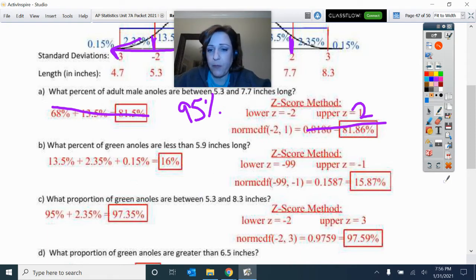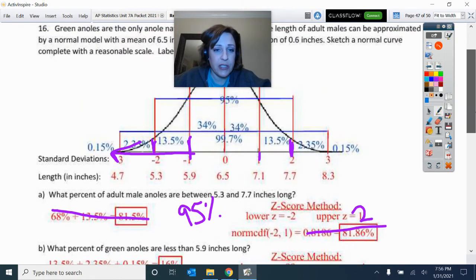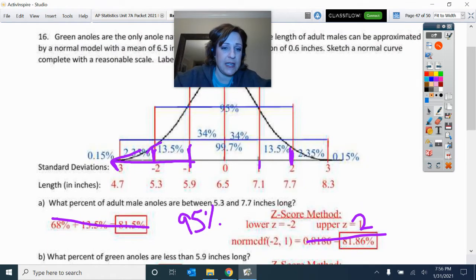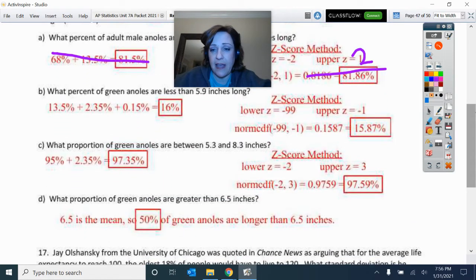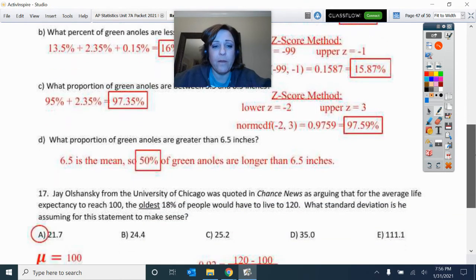From 5.3 to 8.3, the lower z-score is -2, and the upper z-score is 3. So then you can norm CDF that, and you get 97.59%. Now, greater than 6.5, well, 6.5 was the mean, so I automatically know that's 50%.